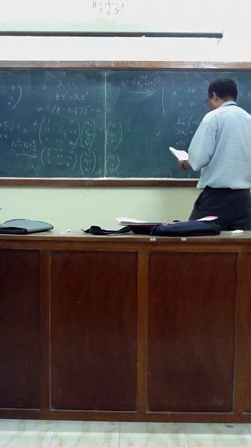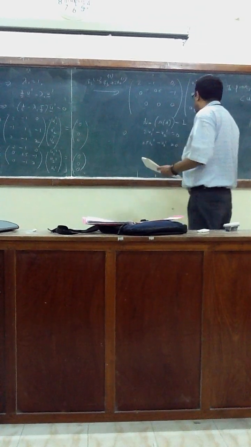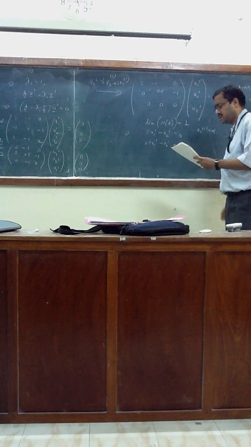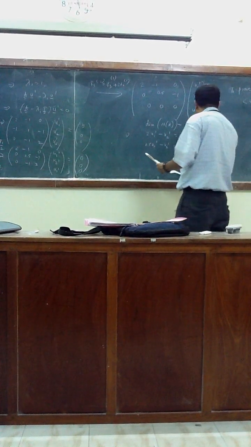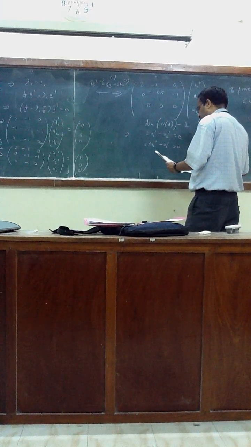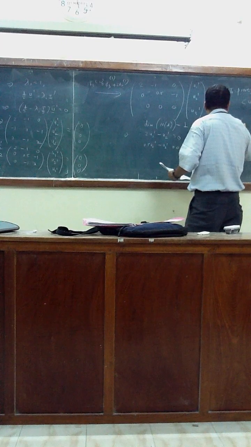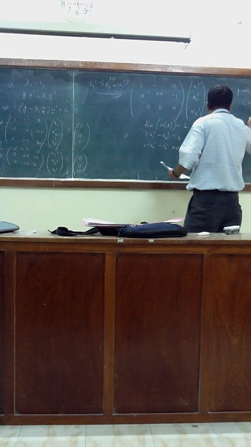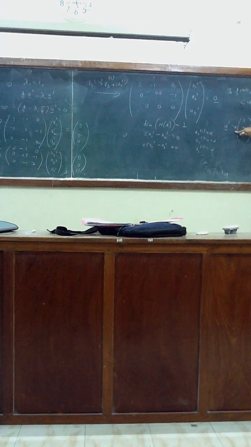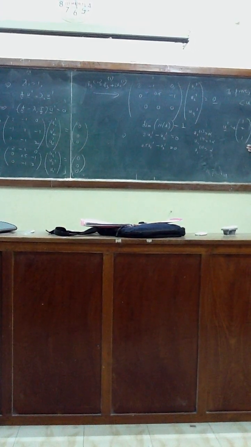So we can assume u31 equals alpha. Then u21 is 2 alpha, and u11 is alpha. So your eigenvector is alpha times 1, 2, 1, where alpha is any arbitrary constant except 0. So you can put alpha equals 1 conveniently, and you can get eigenvector 1, 2, 1.